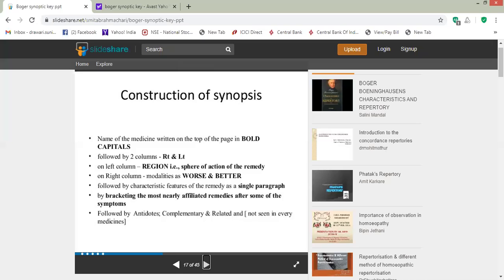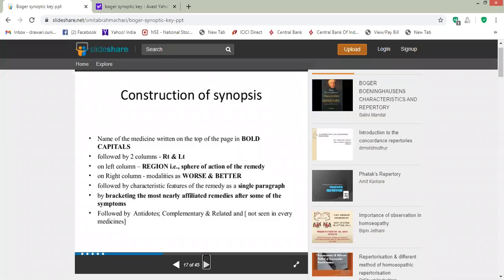And after that, the bracketing of the most nearly affiliated remedies after some of the symptoms, means the nearly indicated remedy for that symptom is given in brackets, and it is followed by antidotes, complementary remedies, and related remedies, not seen in every medicine.